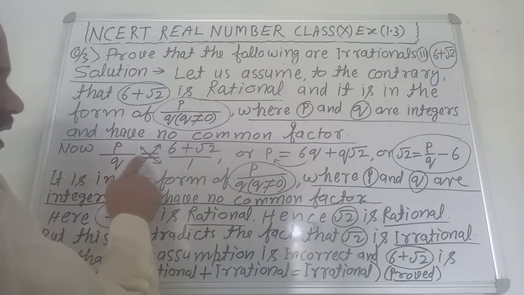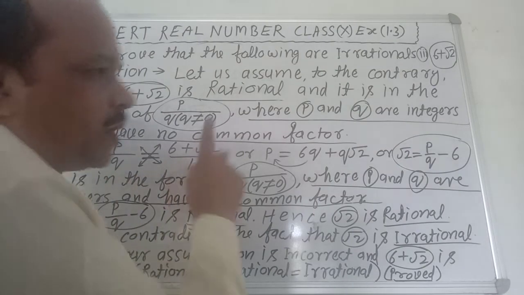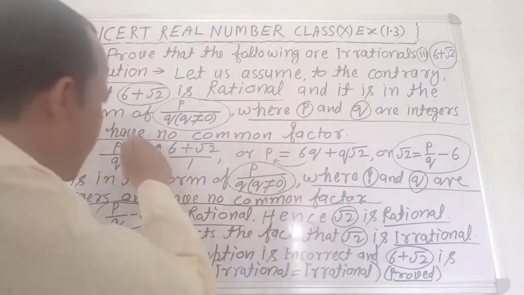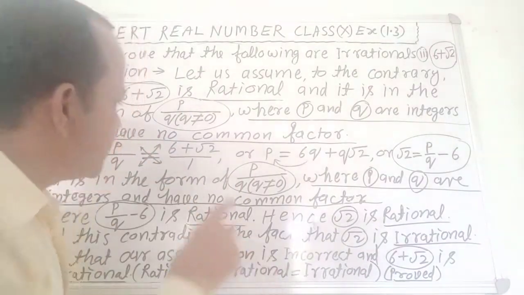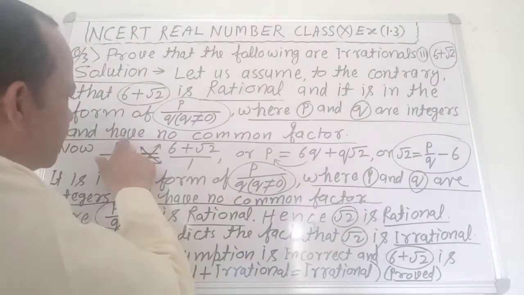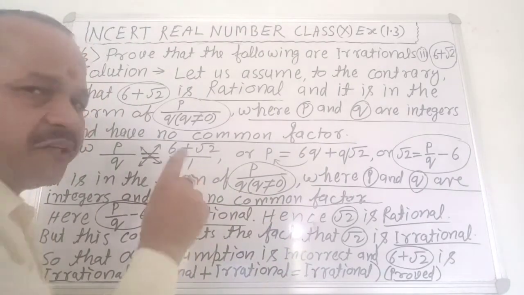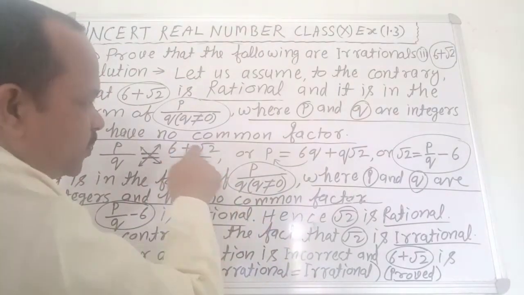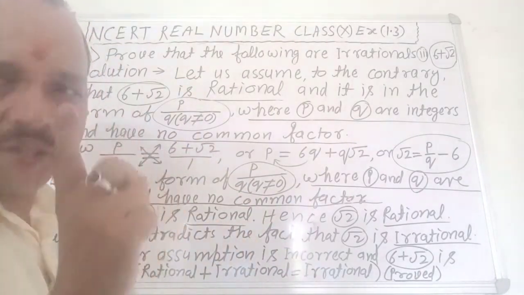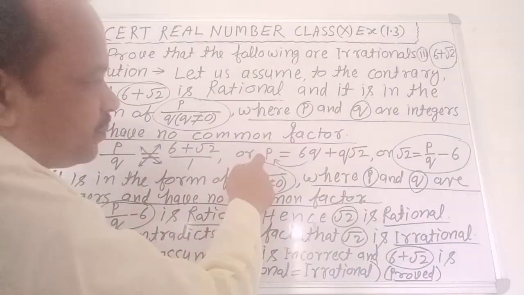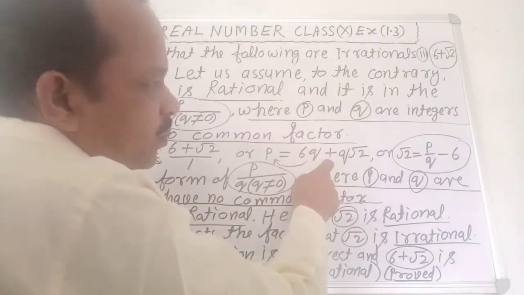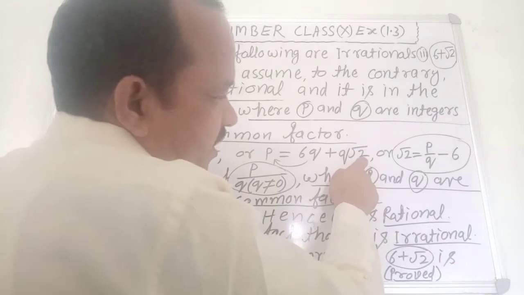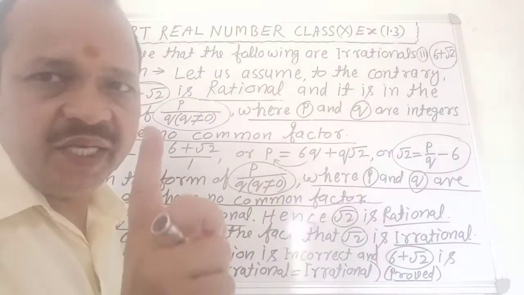p by q equals 6 plus root 2 by 1. Cross multiply. It means you multiply by 1 on p and multiply by 6 plus root 2 on q. It becomes p equals 6q plus q root 2. Clear?